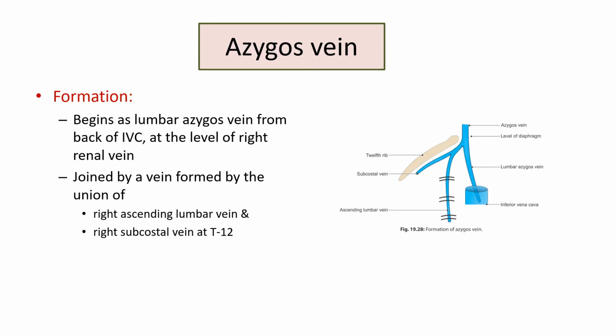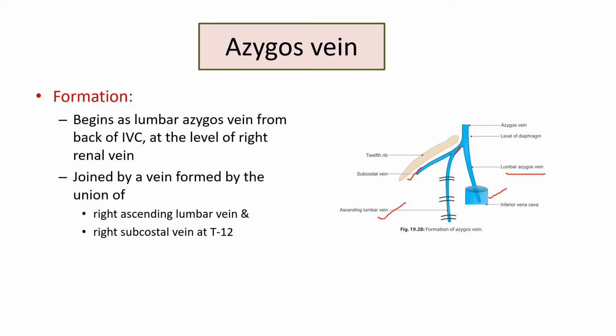Coming to the formation of the Azygos vein. It begins as the lumbar Azygos vein from the back of the inferior vena cava. This is the inferior vena cava, and this will be at the level of the right renal vein. This lumbar Azygos vein is joined by a vein which is formed by the union of the right subcostal vein at the level of T12 and the right ascending lumbar vein.